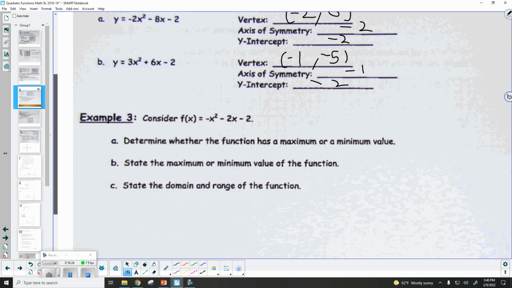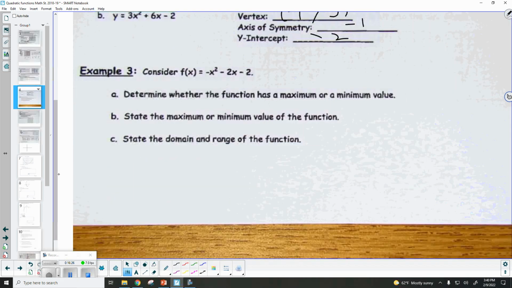Now for this one, I probably want one of you to come up. Determine whether the function has a minimum or maximum, state the minimum or maximum, and state the domain and range. Robin, would you like to come up? Sure.